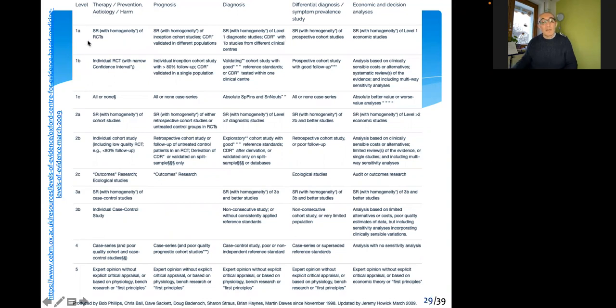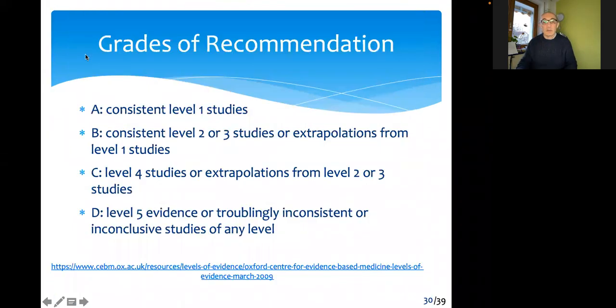This conclusion will also have its evidence level. Do you have a systematic review of randomized controlled trials supporting a decision? Then you have a 1A, the best level of evidence, but that's not always possible.